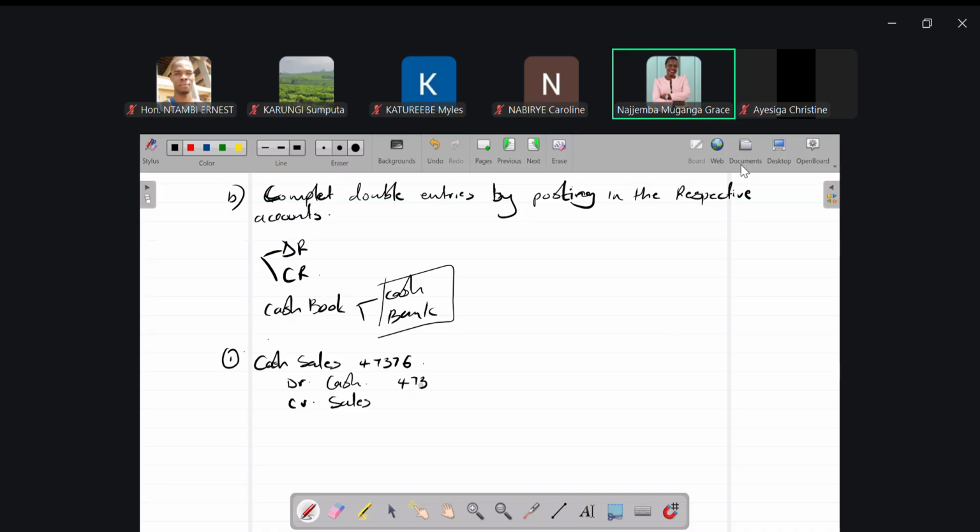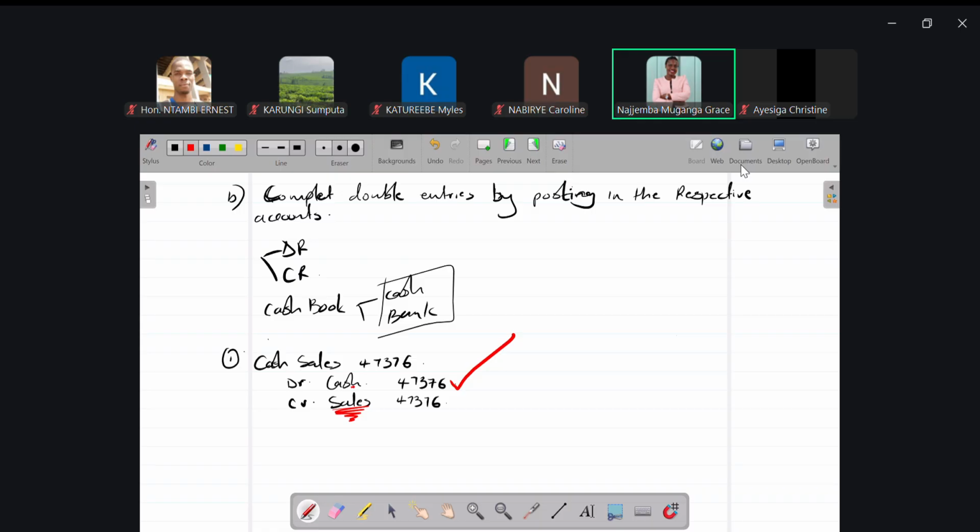So for all these transactions, whichever entry had cash was posted. This entry was posted in the cash book. That's what we mean by debit the cash. In the cash book, this entry has been reflected or shown. But when it comes to the other account, the sales, we did not post that.